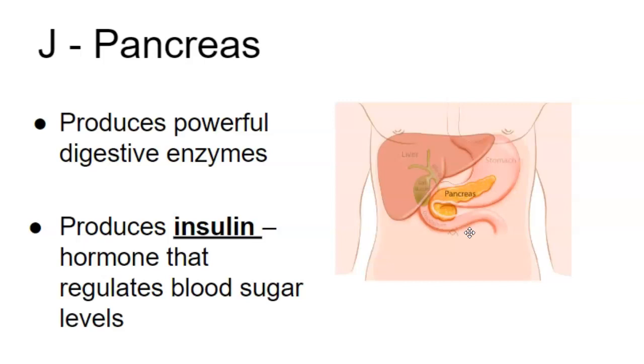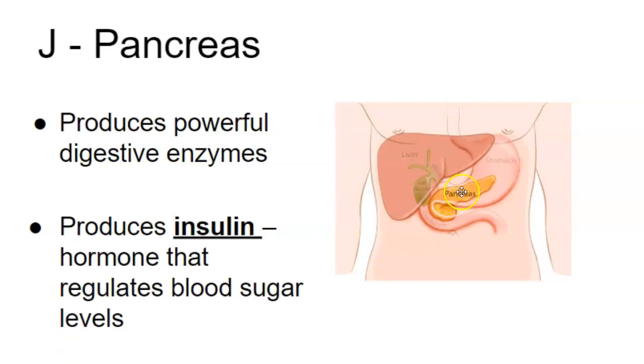We talked about when those receptors don't work properly. Remember, insulin's the little key that unlocks the little channel so that sugar can go into the cells. So in diabetes, that lock and key doesn't work properly and insulin can't get into the cells. So somebody with type 1 diabetes doesn't produce insulin, or somebody with type 2 diabetes, their insulin doesn't work properly or their cells don't work properly.